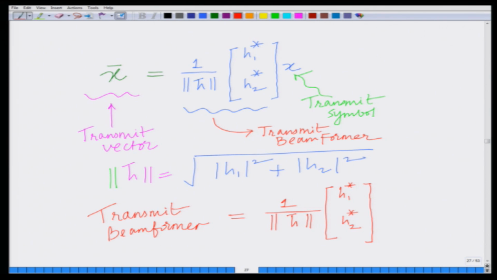So, firstly this is a unit vector, the norm of this vector is unity, and this is known as the transmit beamformer for this system. This is the transmit beamformer for this system, and this scheme is known as transmit beamforming.